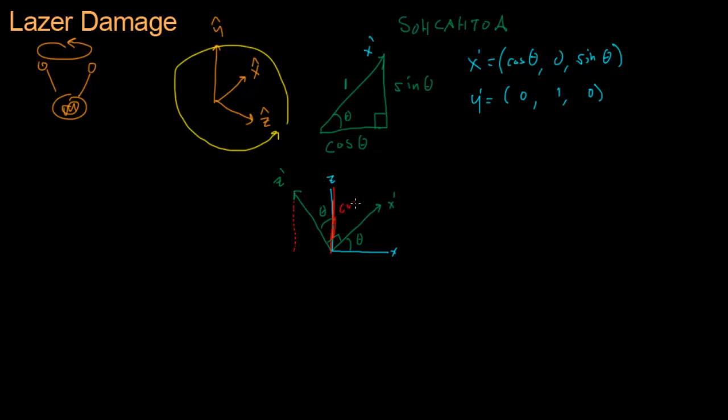So it's going to be cosine theta. Is that right? Adjacent over hypotenuse for the y. So I'm gonna do our z vector right here. We're gonna get something for x we don't know yet, and then 0 for y. And then z is going to be cosine theta. There we go.